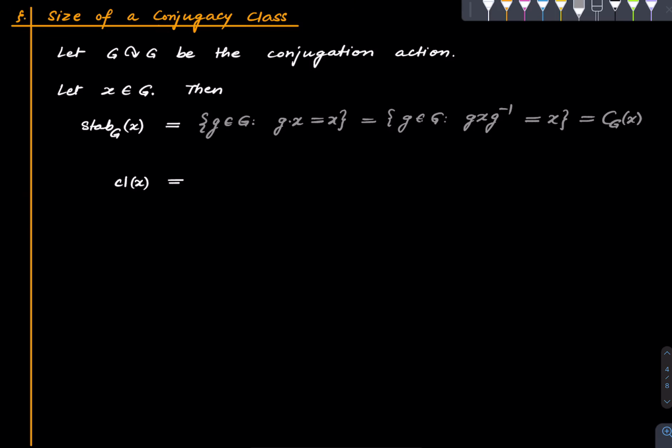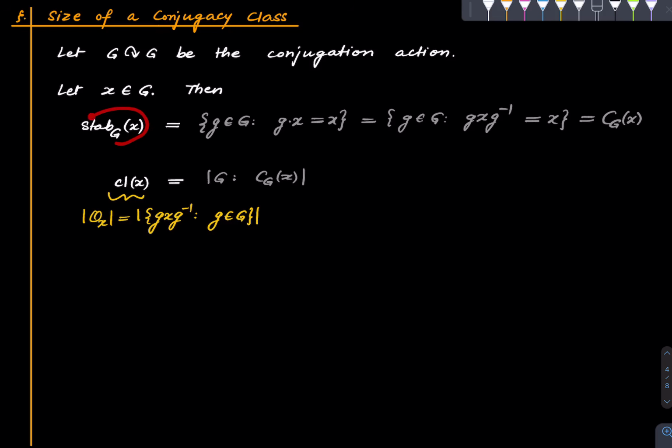Okay, and this is the notation for the size of the orbit of x under the conjugation action. So this is nothing but the size of the set of g x g inverse, g in G. That's what that notation is, and by the orbit stabilizer theorem, this is equal to the index of the centralizer of x.